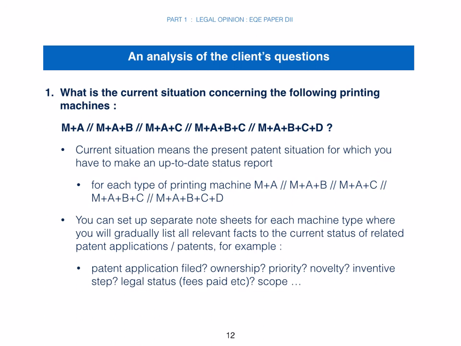Is the patent application novel? Is it inventive? Is there an inventive step? What is the legal status of the patent application? Have the fees been paid, etc.? Has it been withdrawn? And what is the scope of the protection, and so on. So you're going to have to look for all of those facts in relation to each machine type as you read the client's letter. Next, we'll have a glance at question 2.